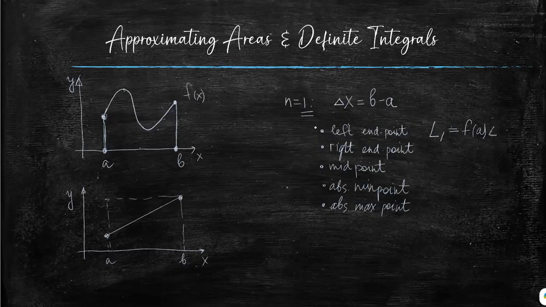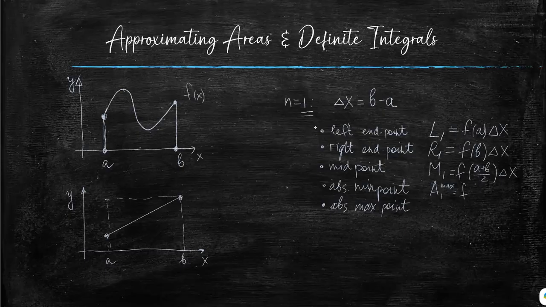multiplied by delta x. And similarly, if you're using right endpoint, we call it R1, and it's going to be f of b times delta x, and for midpoint it's going to be M1, and it's going to be f of the average of a plus b times delta x, and so on. For this one, there's no real name for it, so let's call it max.